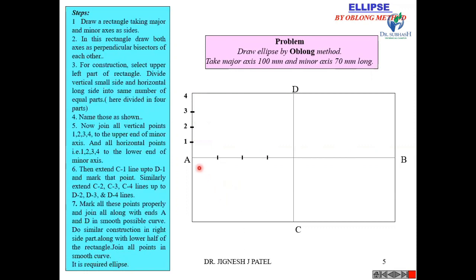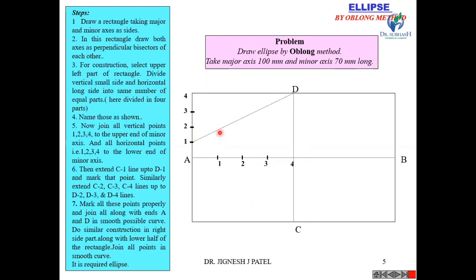Similarly, we have to mark points on this line AB and name them 1, 2, 3, 4. Remember that the points are marked from A on this vertical line as well as on the horizontal line.